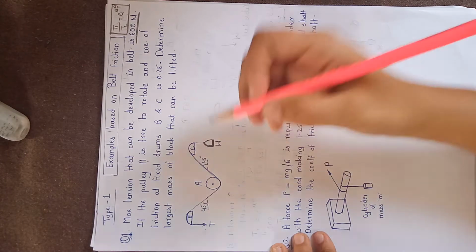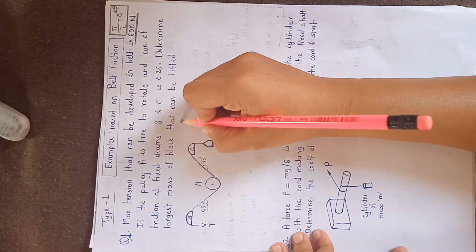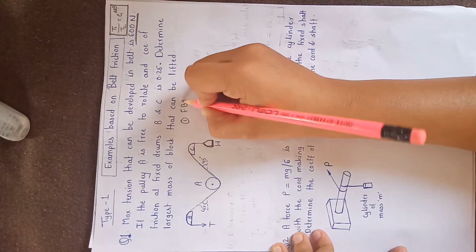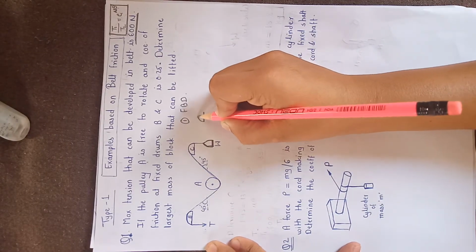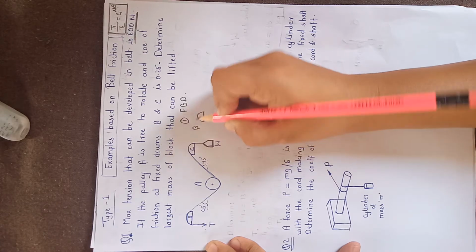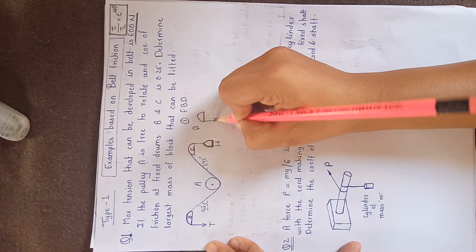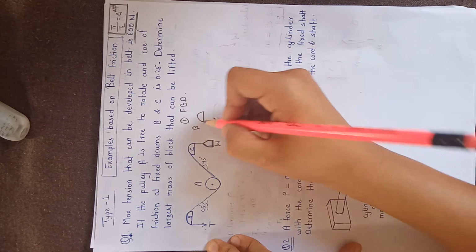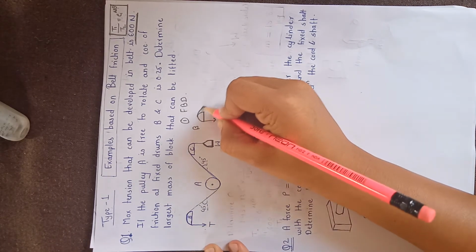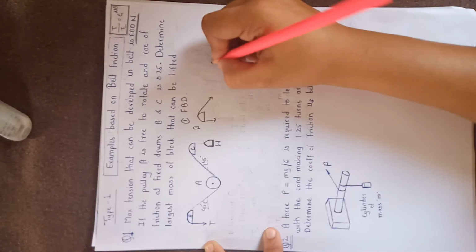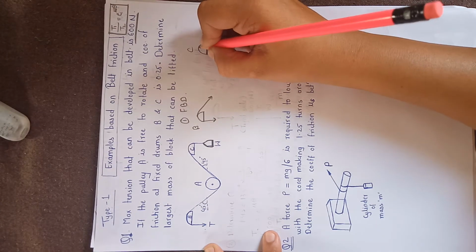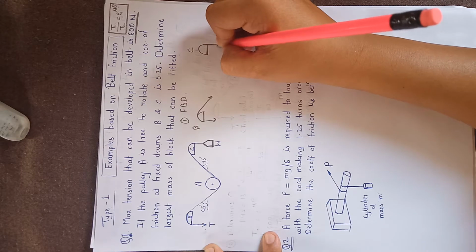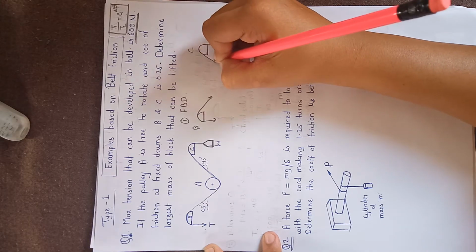Let's start. First we have to draw FBD of pulley. Suppose this is pulley B. Here the rope is hanging like this, and here this is pulley C. Here it goes like this and this.